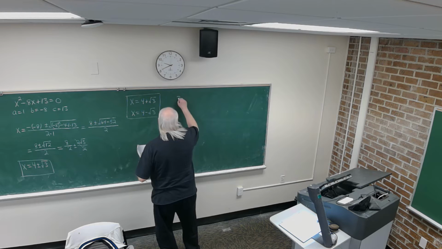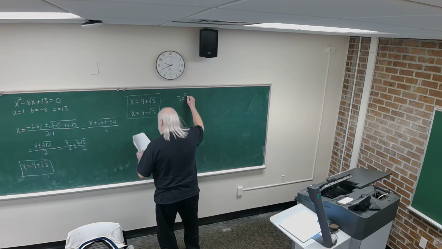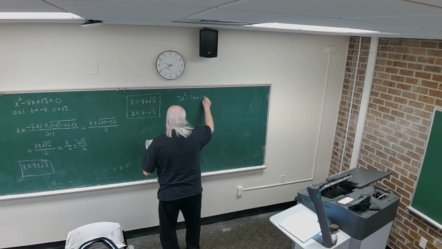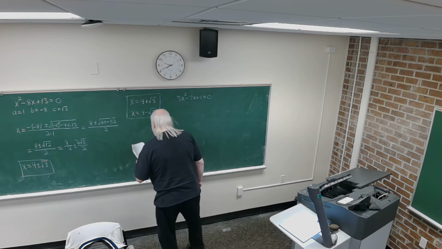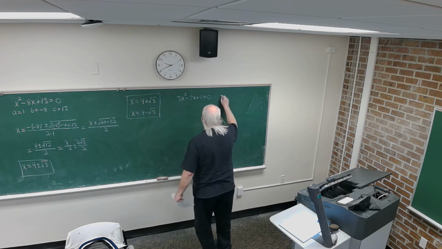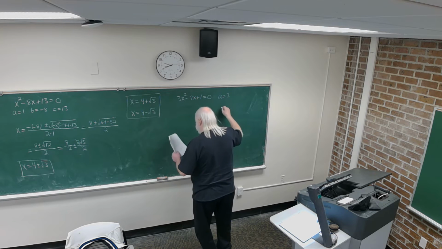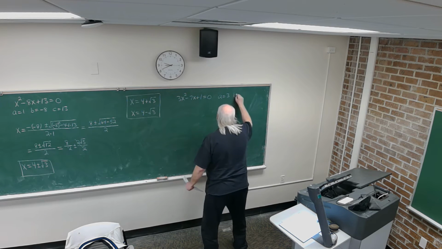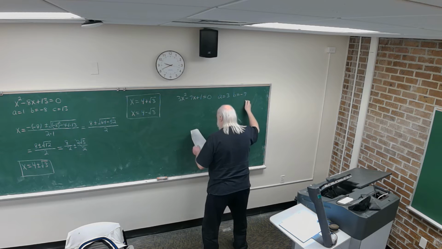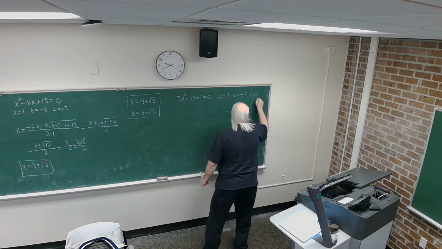On the next one, we have 3x squared minus 7x plus 1 is equal to 0. A is equal to 3 in this case. B is equal to minus 7. C is equal to 1.